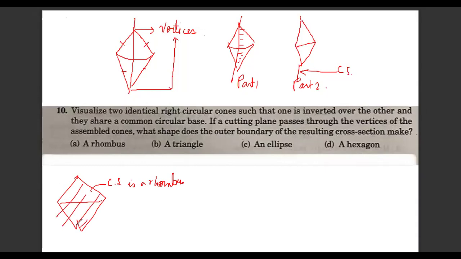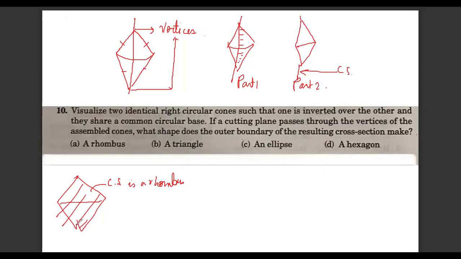So in this scenario, the outer boundary of the resulting cross-section does not form an ellipse, but rather a rhombus. So let's analyze each option. Let us cut the plane. The plane will intersect both cones at an angle, forming a diagonal across the combined shape.